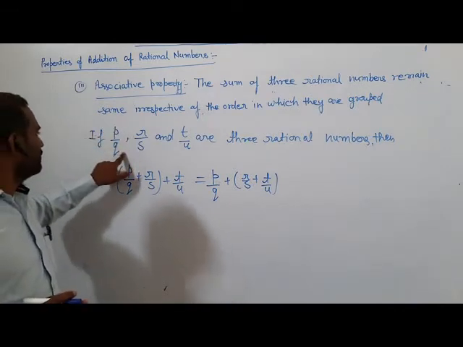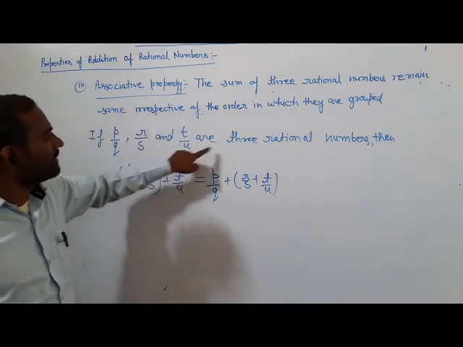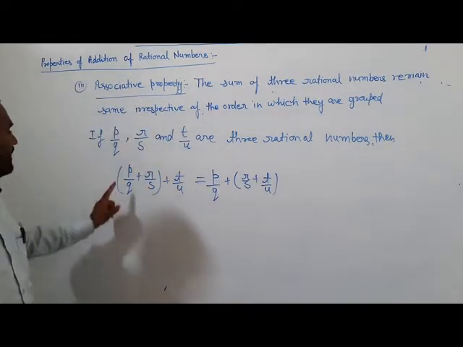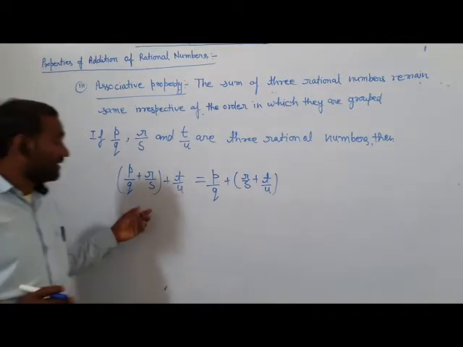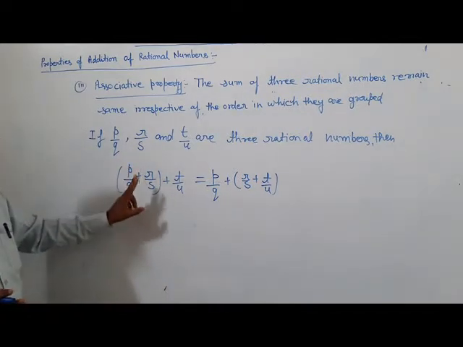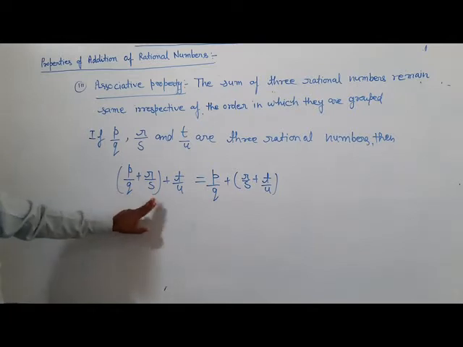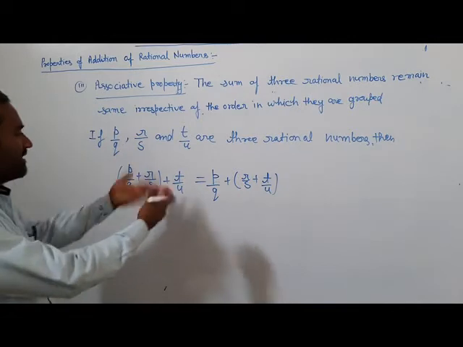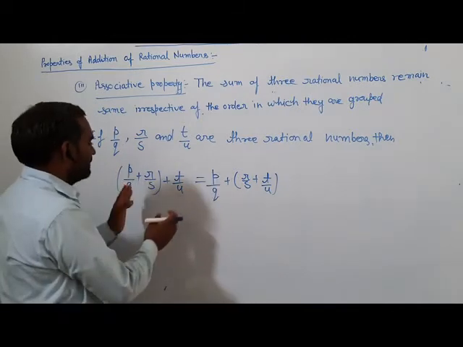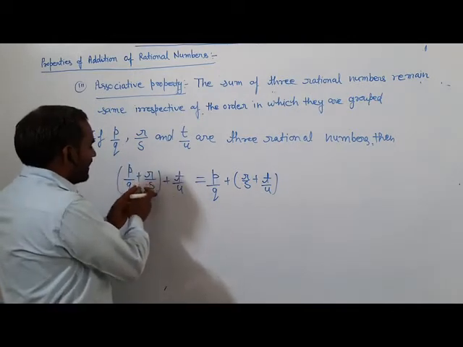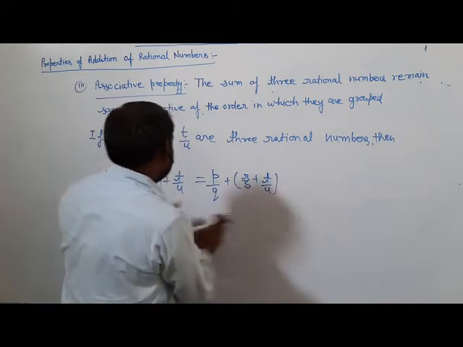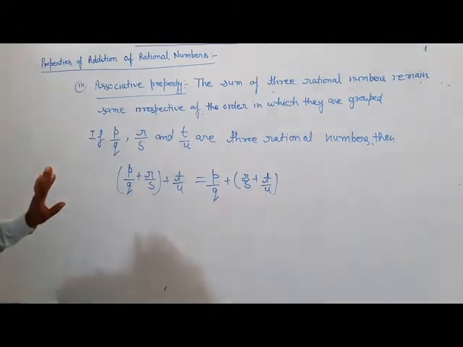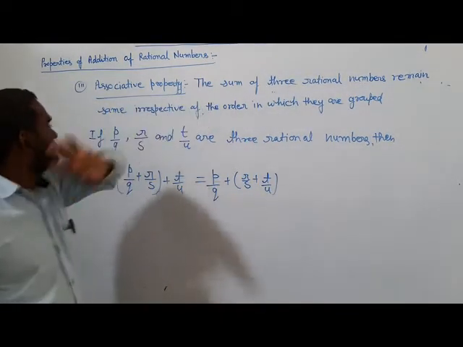If P by Q, R by S and T by U are three rational numbers, then according to the association, P by Q and R by S. Here we grouped two rational numbers, P by Q and R by S, and we add T by U. Here we made the group R by S and T by U. In those conditions, the answer remains same. It is the associative property.